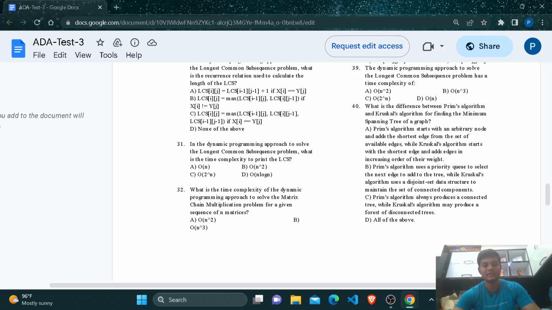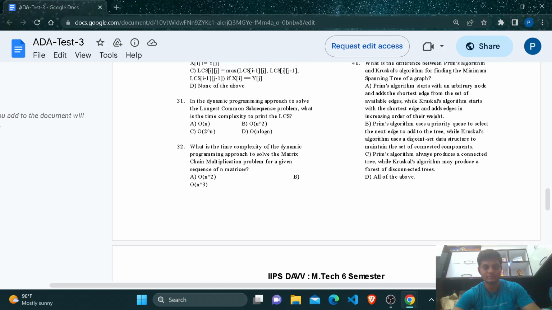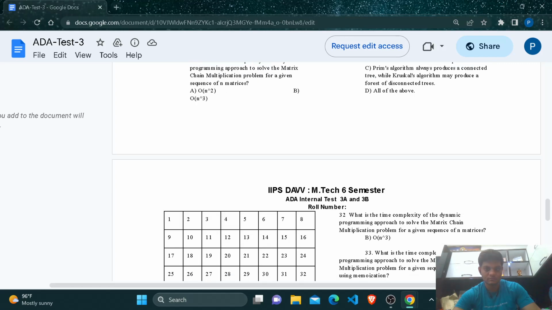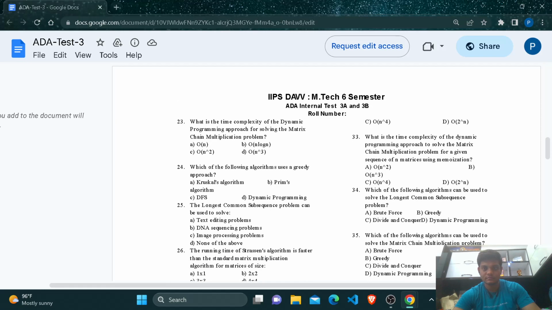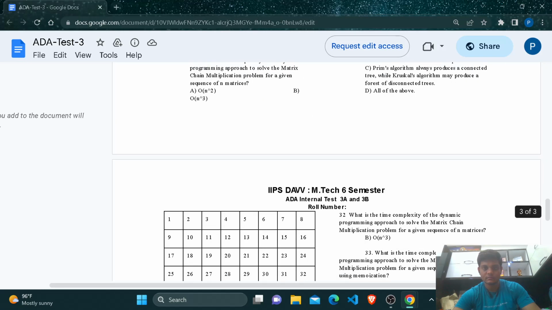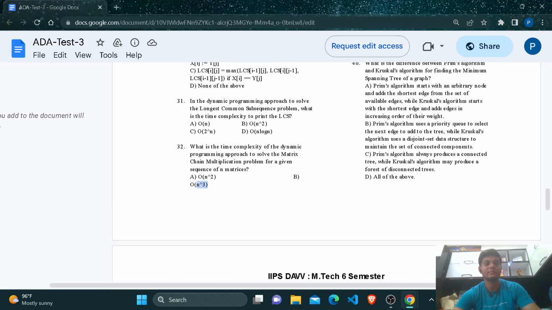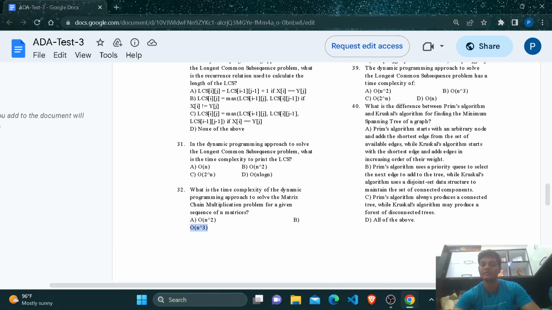So its correct option is option B, that is order of n cube. It's printed here, so I can't see.